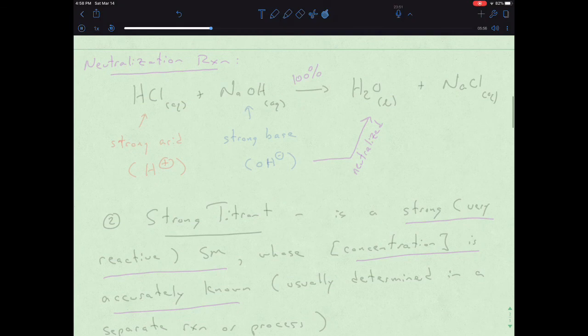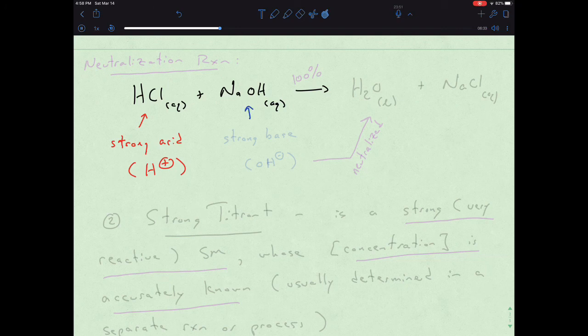As an example of that, we could look at 2 very strong species, such as hydrochloric acid and sodium hydroxide. HCl is our strong acid. Remember, a strong acid is that source of H plus or hydronium ion, with complete dissociation.